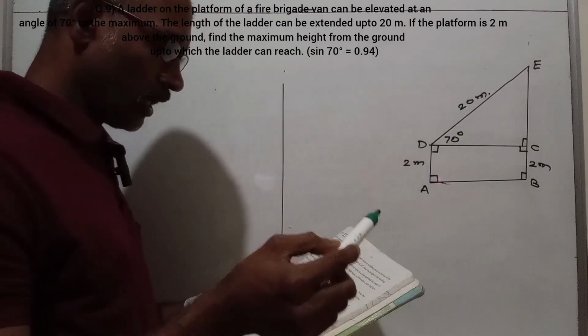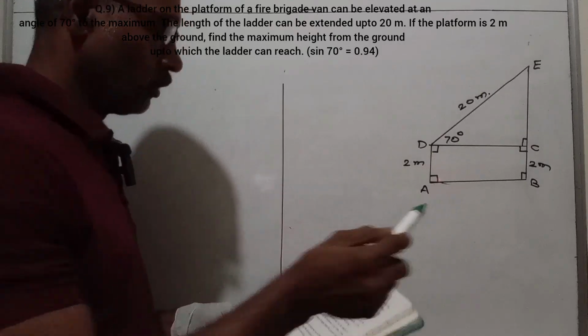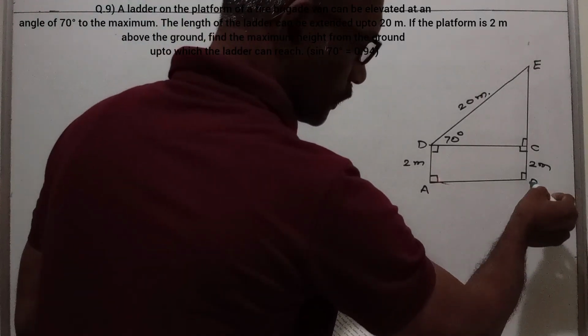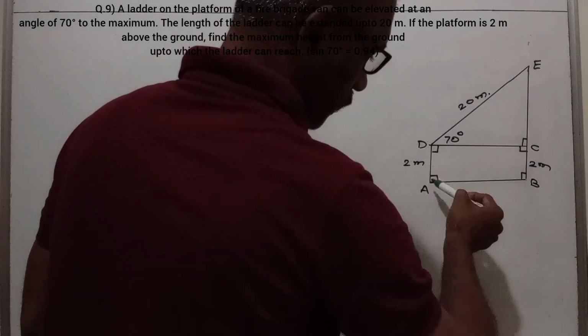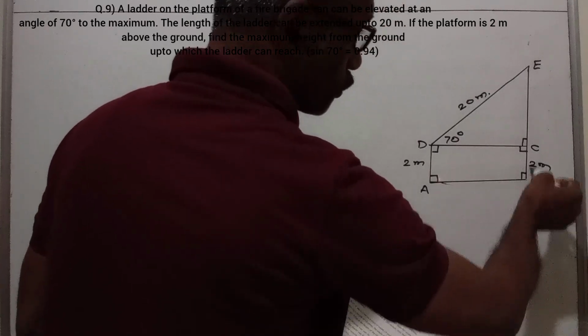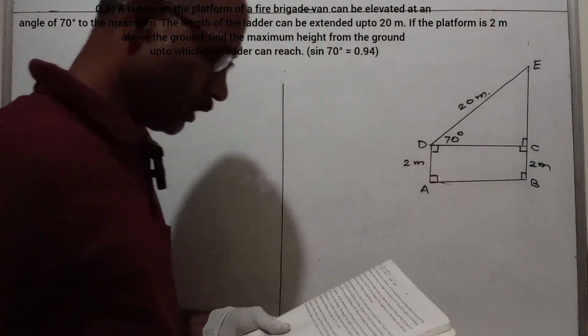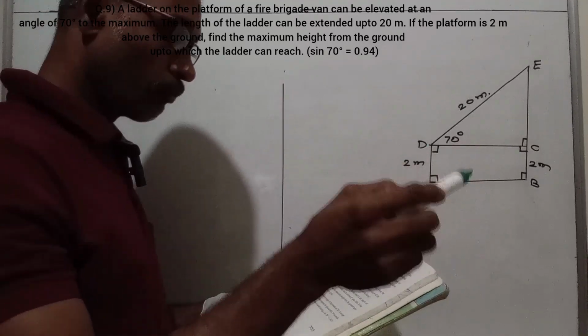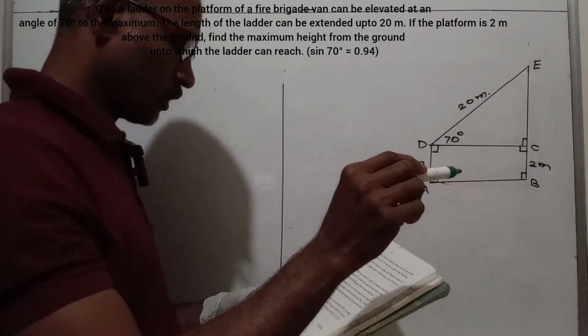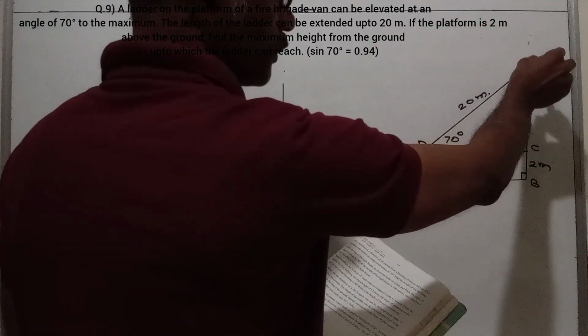Find the maximum height from the ground. Suppose this is B and AB is the ground. So find the maximum height from the ground up to which the ladder can reach.